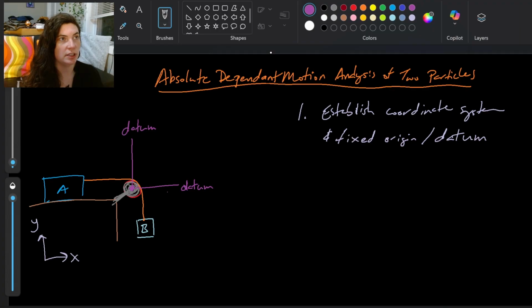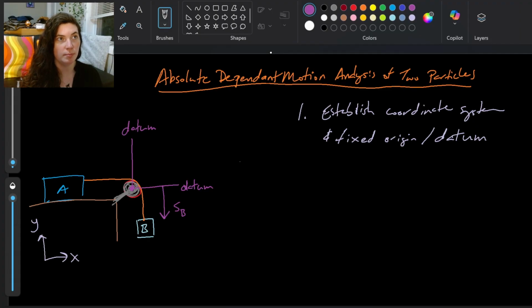The location of B, I'm going to say this length from the datum to where B is, SB, S being the position. You can also think of it as the length of the rope here. This distance from the datum to where particle B is, SB. And the way that I've drawn this from the datum to B, this is also going to be my positive convention.